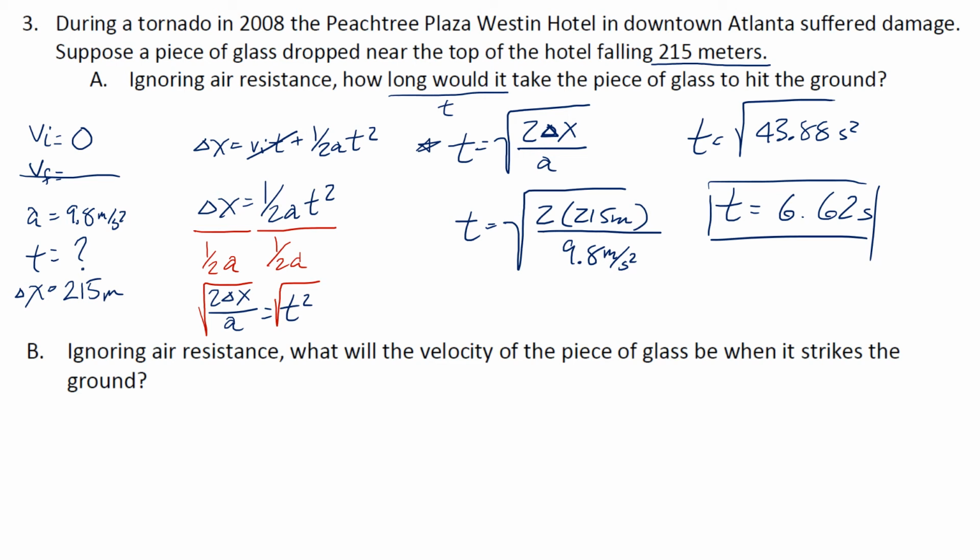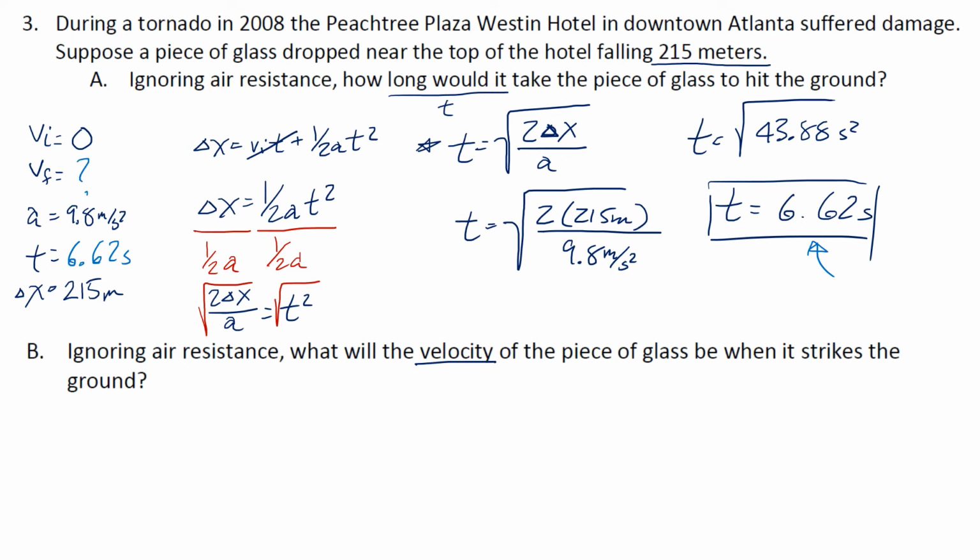Ignoring air resistance, what will the final velocity be? Oh, well, all of a sudden, we need to find this, right? But we could fill some stuff out. From this last problem, we figured out the time. We might be able to use this, right? We know the time is now 6.62 seconds, and now we want to know the final velocity.